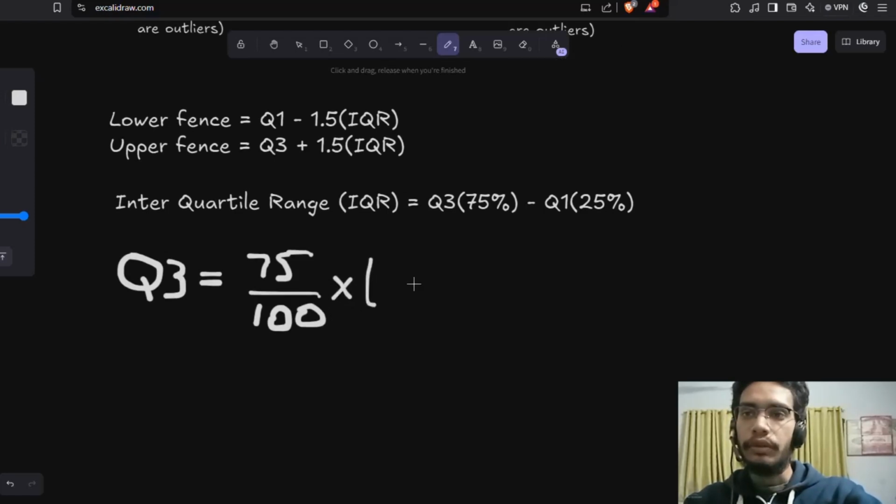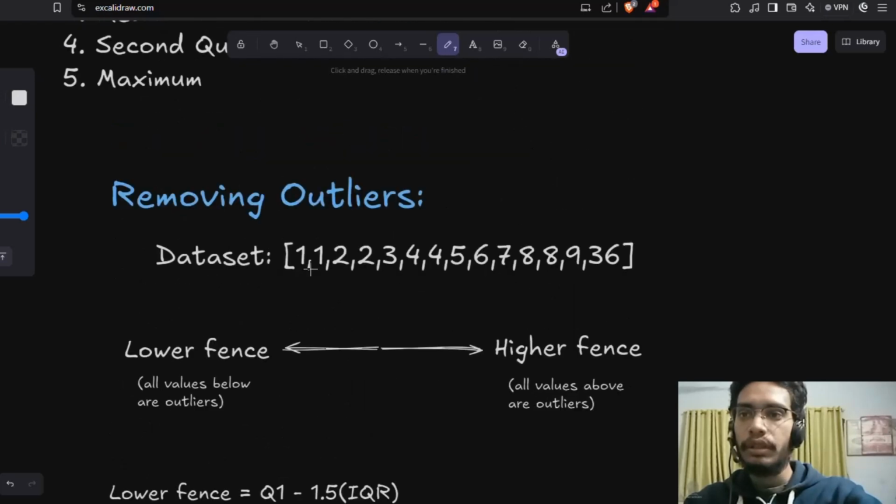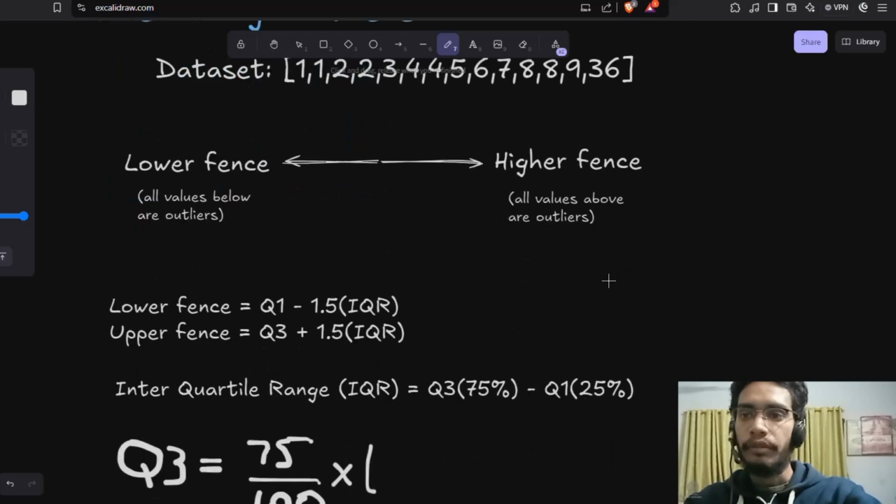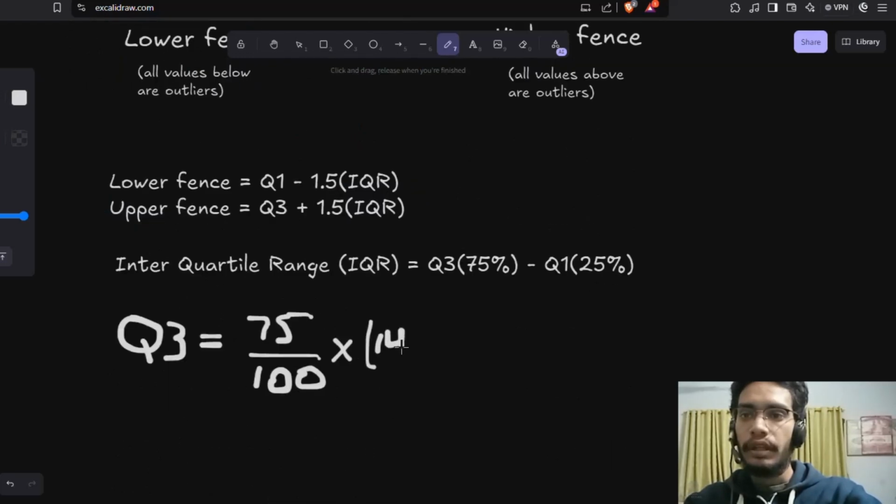What are the total number of observations here? 1, 2, 3, 4, 5, 6, 7, 8, 9, 10, 11, 12, 13, 14. So we have 14 total observations, and plus 1 would become 15.